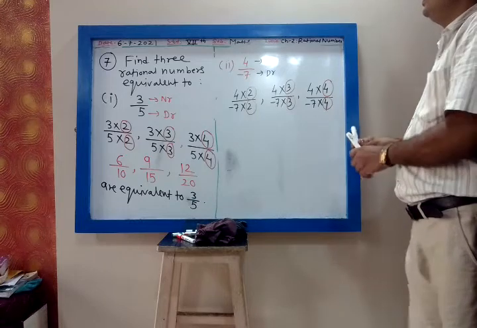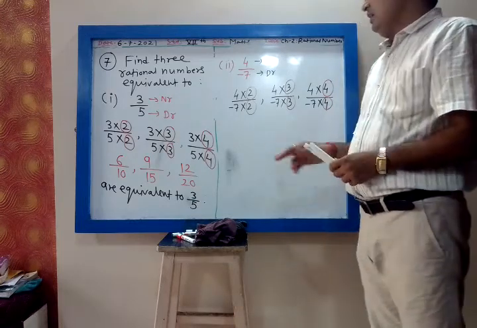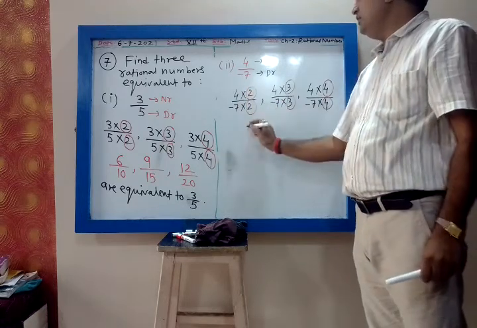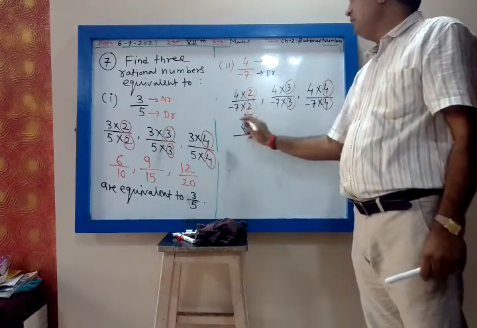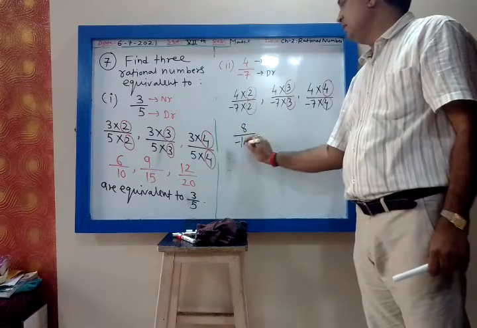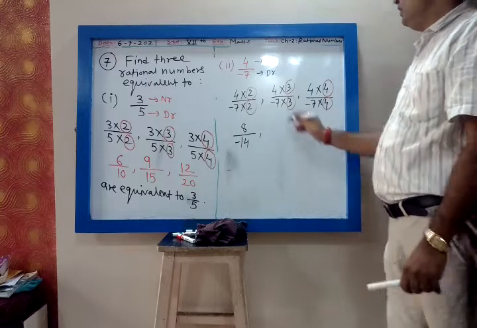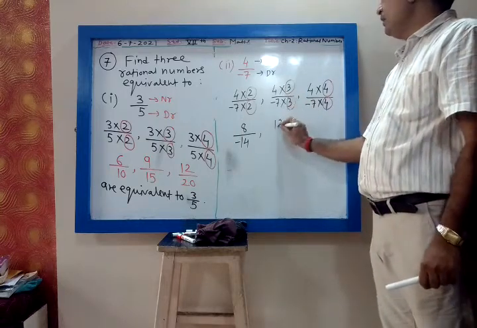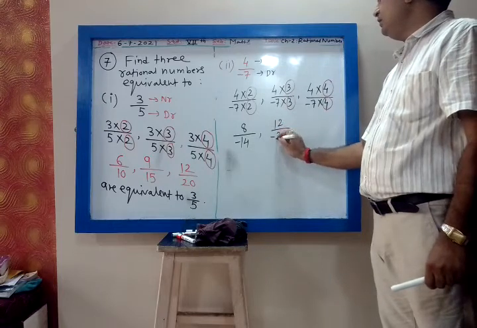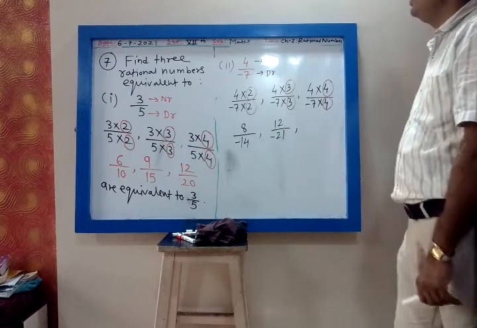So let us see. You have to take care. Multiplication of plus plus will be plus. So plus 4 into plus 2 is 8 upon minus 7 into 2, minus into plus, minus 14. Then 4 3s are 12 upon minus 7 into 3, minus 21.